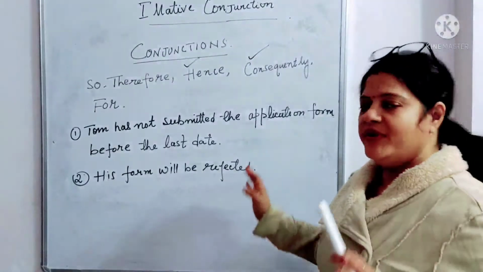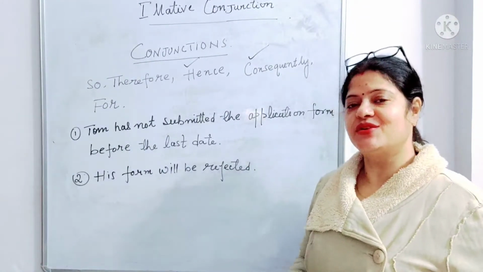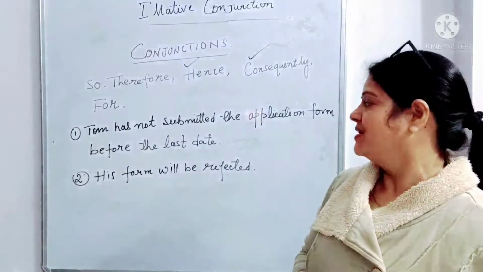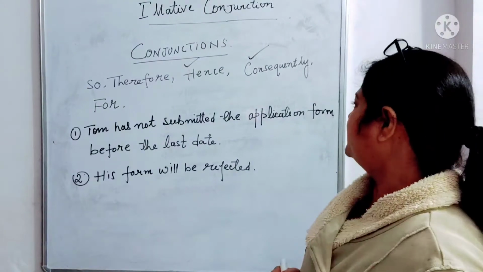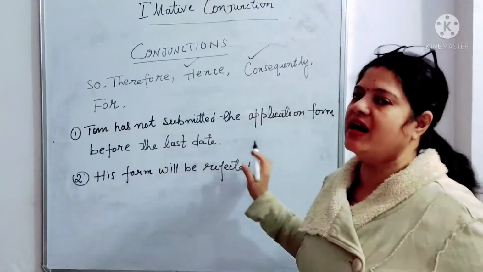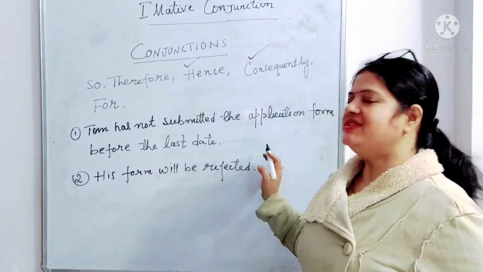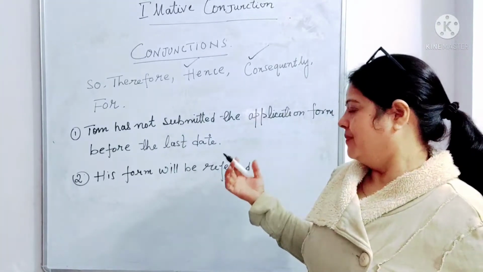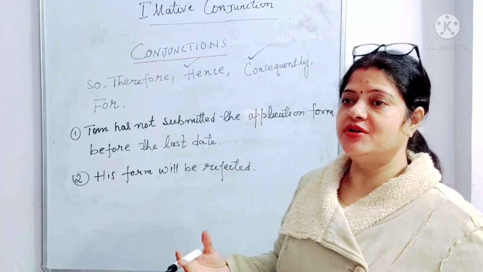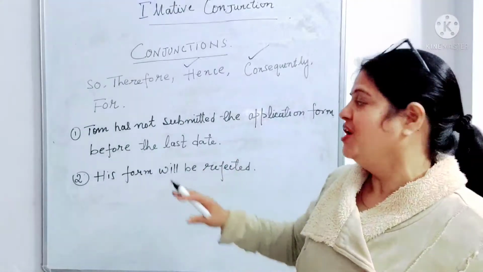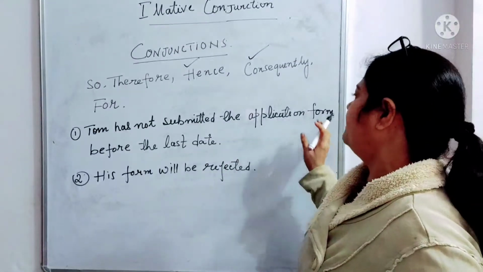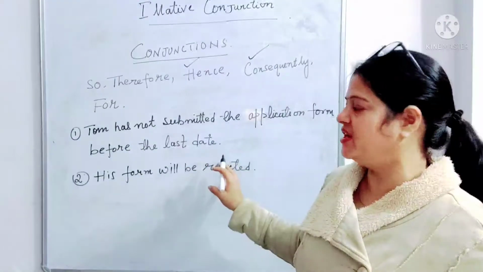Okay. So here I have written two simple sentences. Tom has not submitted the application form before the last date. So here we see that Tom might have been trying to get admission somewhere, so that is why he has not cared for the last date.